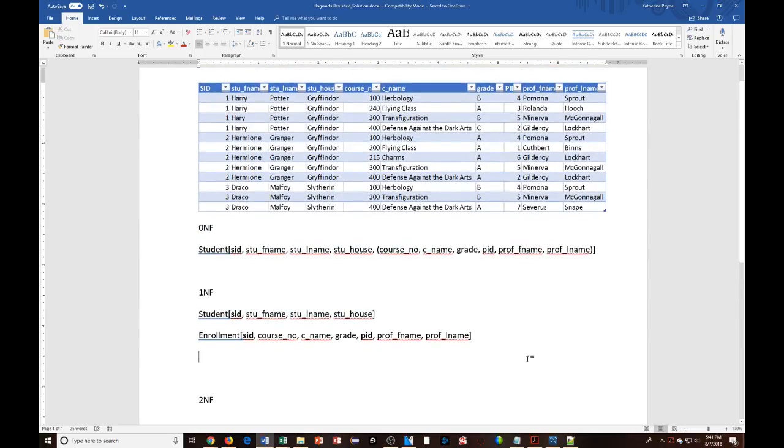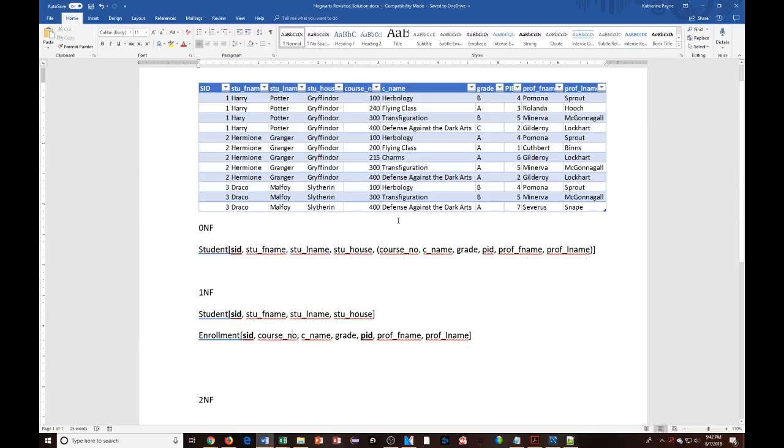What we're trying to figure out is whether or not just knowing the professor ID and the student ID could also determine the grade, and whether or not knowing the professor ID gives us the course number, or the other way around. Let's suppose that the course number determines the professor ID. We look down and we have 100 with 4, 240 with 3, 300 with 5, 400 with 2.